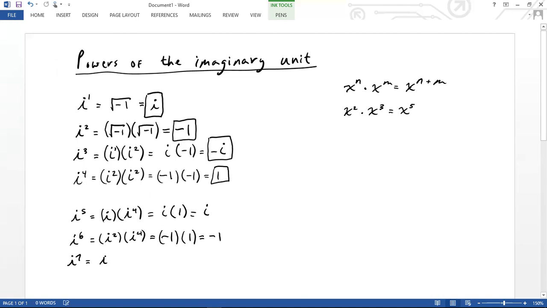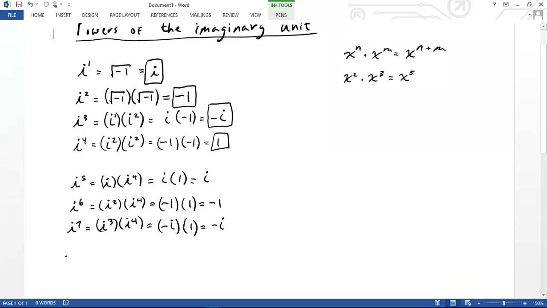i to the seventh is the same as i to the third times i to the fourth, because 3 plus 4 is 7. Okay, but we said i to the third is -i. And we said i to the fourth is +1. So -i times 1 is just -i.